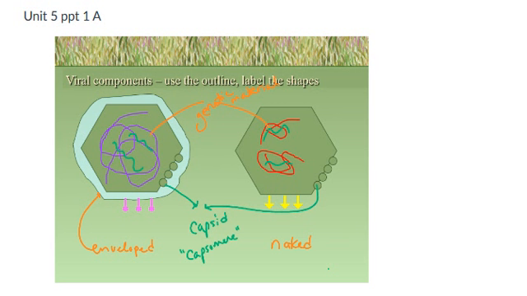So the one on the left has 1, 2, 3, 4 capsomeres, but if this picture were accurate, these actually go all the way around the entire virus on both sides. It just isn't drawn into this picture. So a capsid, again, is the protein coat that surrounds the genetic material, and each individual little ball of the capsid is known as a capsomere.